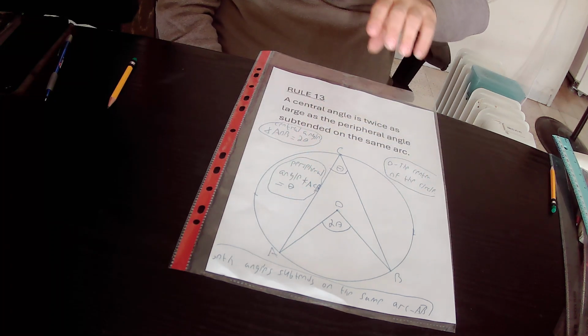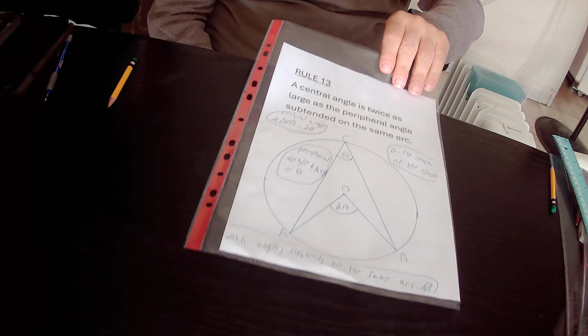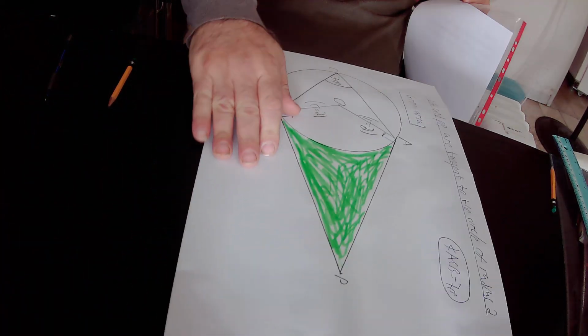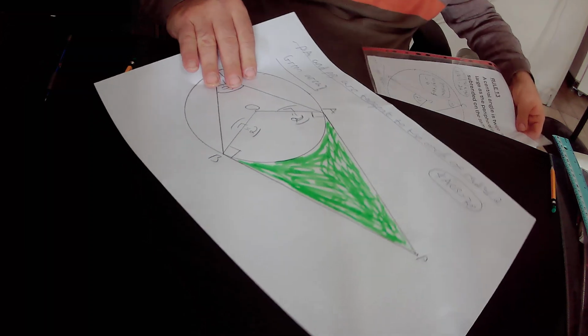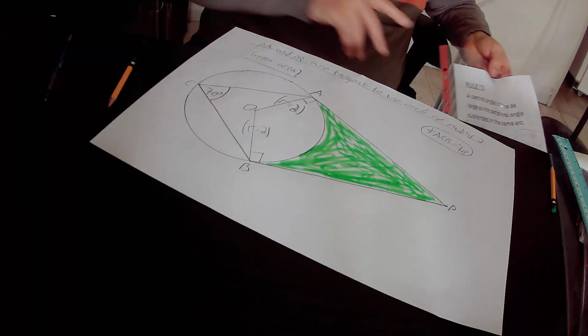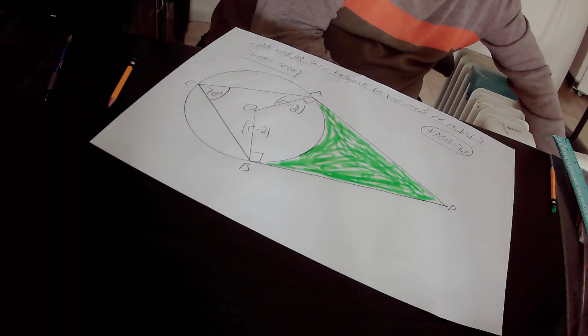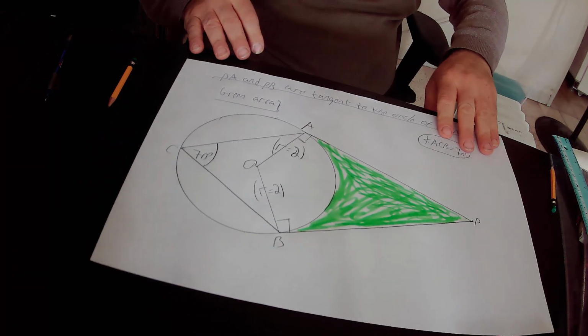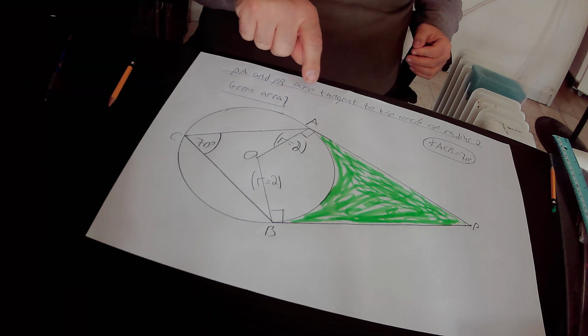Okay, so we can actually implement rule 13 in our drawing. Why? Because in our drawing we have peripheral angle ACB.